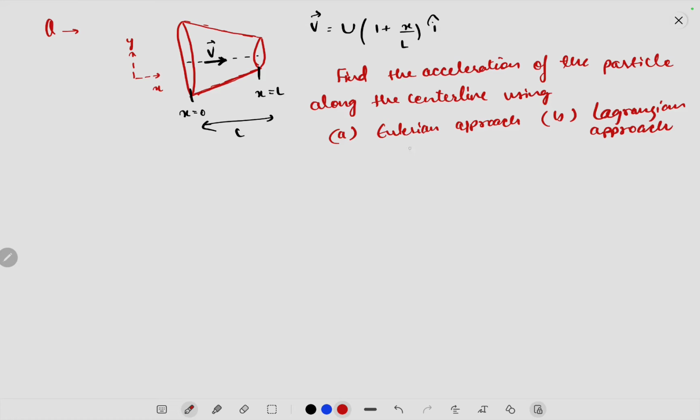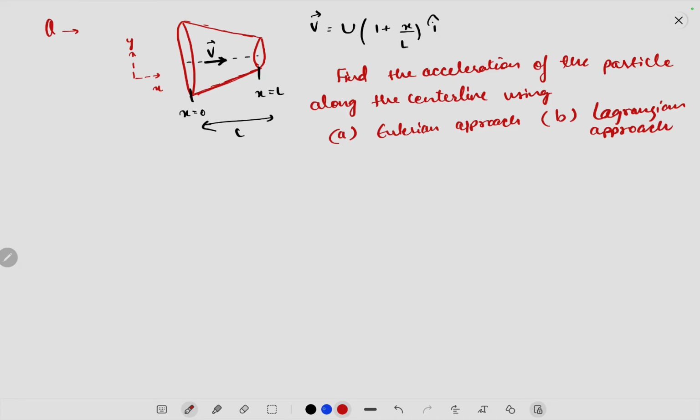So by the way, should you get the same values for the acceleration using both the approaches or not? Think about it. Keep the answer to yourself and let's see whether you are correct or not.